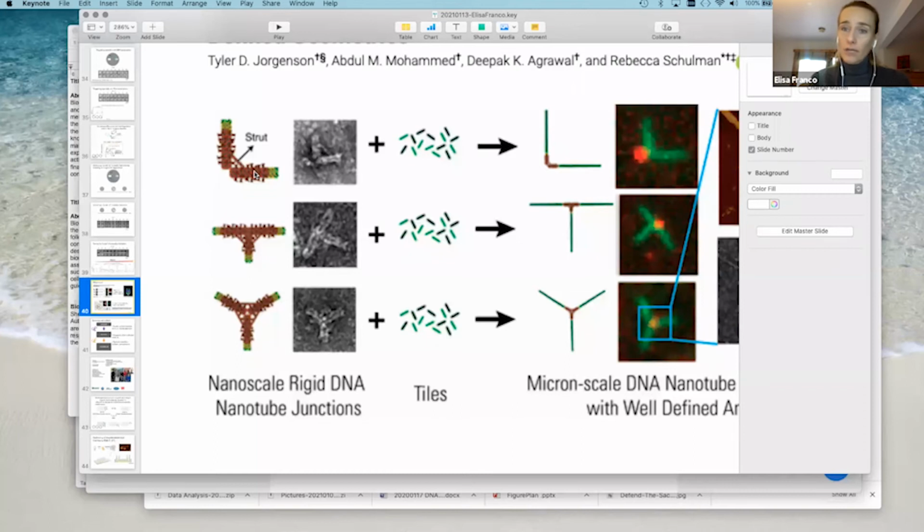It's called DNA origami, and you get much more precise control over the nanoscale geometry in that case. So they don't grow as big, but you can control their shape very well. As you can see, they can be L, T-shaped, Y-shaped, and I bet they're working on different shapes as well. That would allow you to get nanotubes to branch in particular spots.